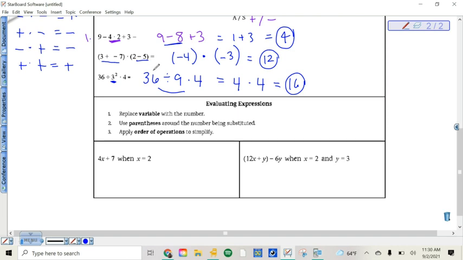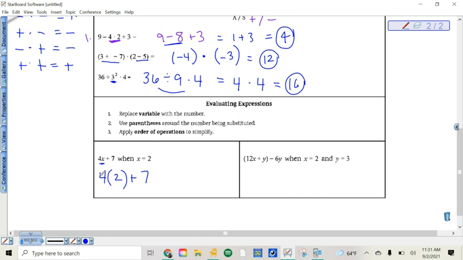Okay, so 4x plus 7 when x equals 2. What's my variable? x is my variable. So I'm going to replace x with 2, because x equals 2. So this will become 4, and I'll use my parentheses, (2) plus 7.